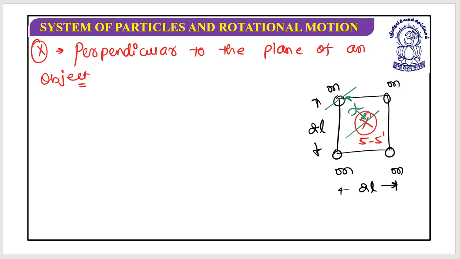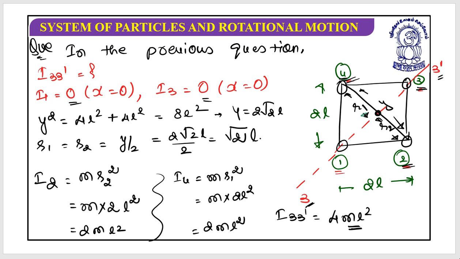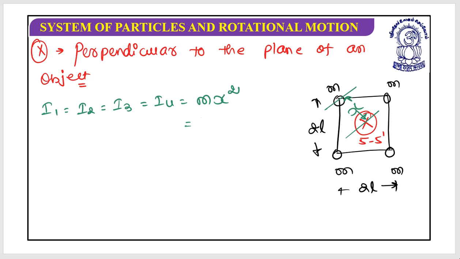So every object, I1 or I2 or I3 or I4, has a moment of inertia of m into x square, because all are at the same distance. So now what is x? We recently called it r1 or r2, that was root 2 L. So m into x square is equal to 2ml square.